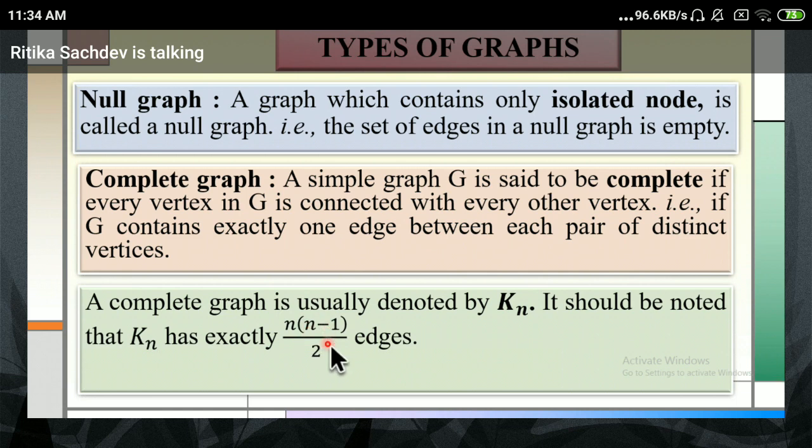A complete graph is usually denoted with capital K subscript n: K for complete and n for the number of vertices. It should be noted that Kn has exactly n into n minus 1 by 2 edges, or we can also say Kn has exactly nC2 edges.